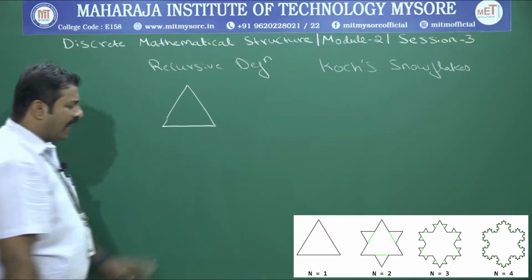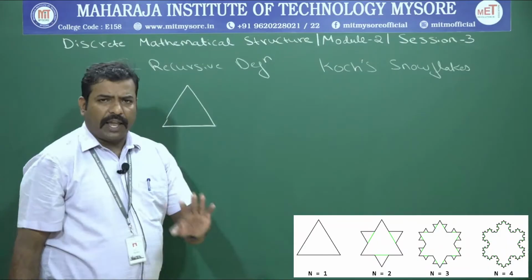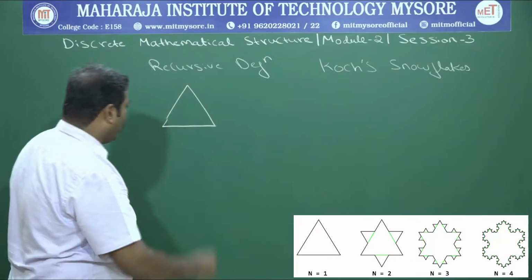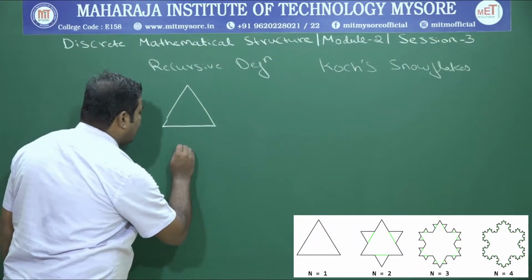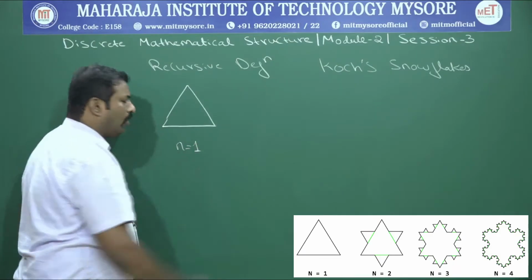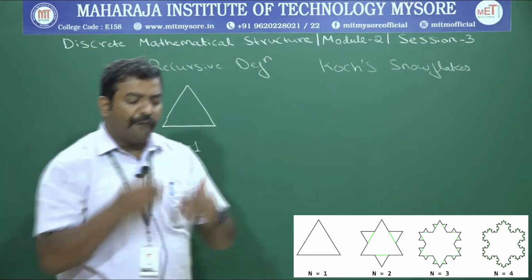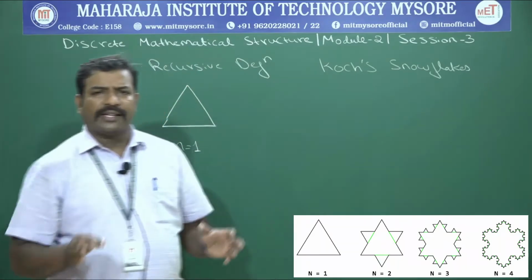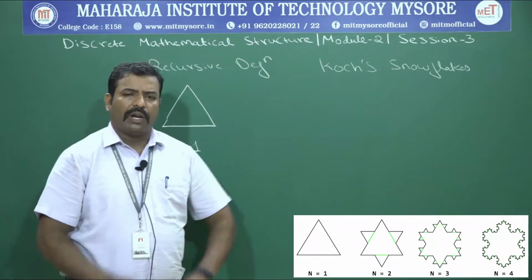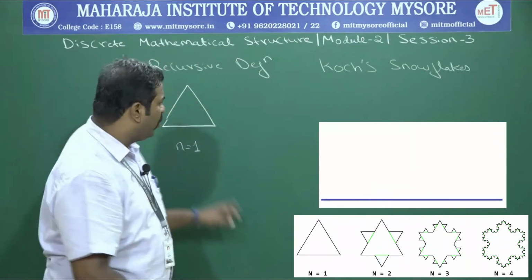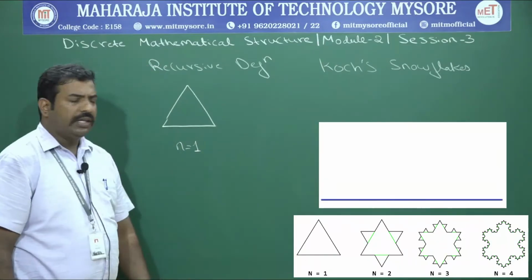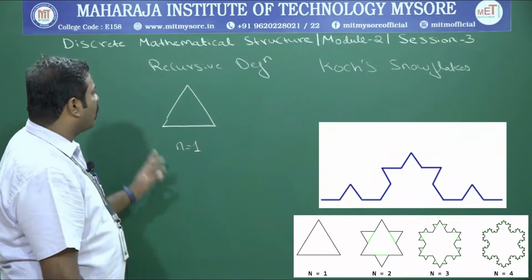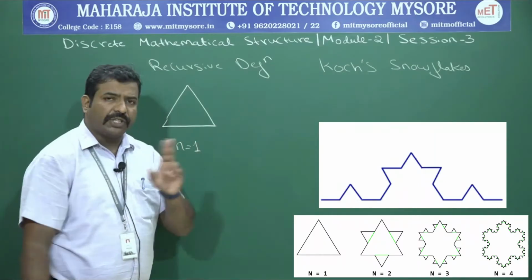This triangle is going to be an equilateral triangle at this point of time, when n equals 1. Let me say n equals 1, that is, the first iteration. When I say n, you can consider this as one iteration, so at the first instance I'm going to have one equilateral triangle.